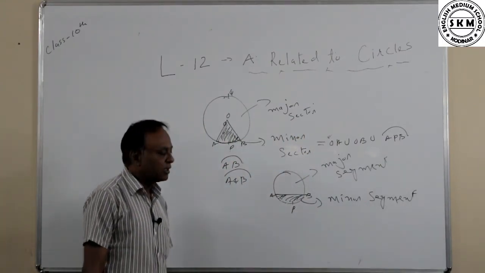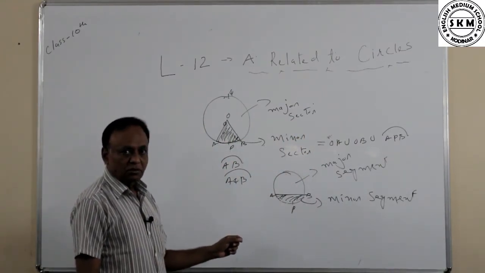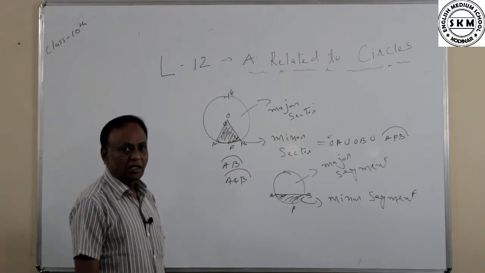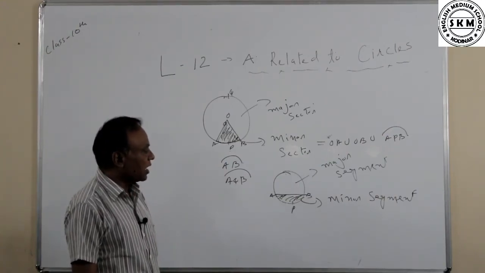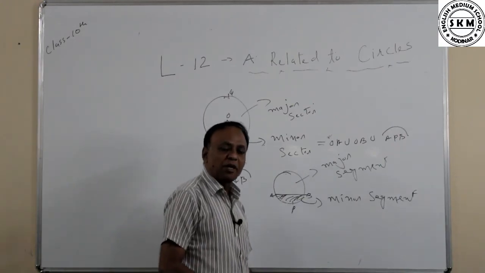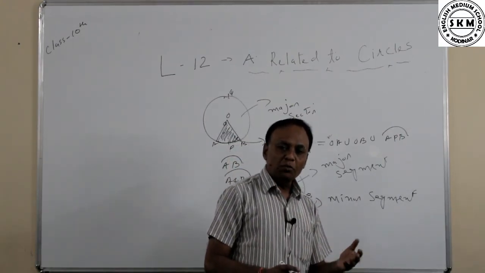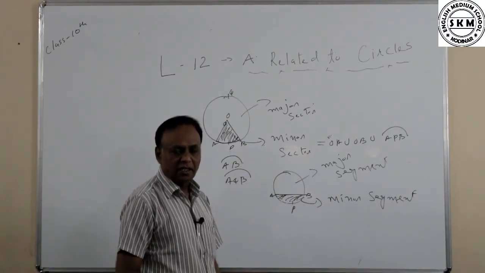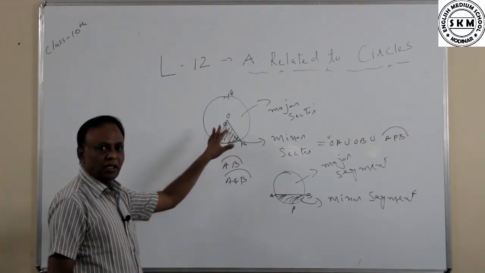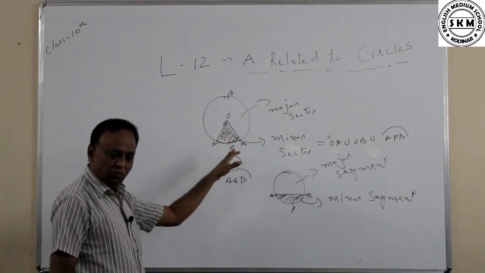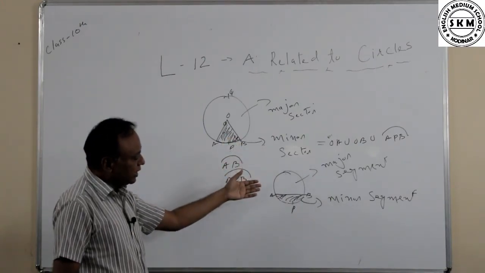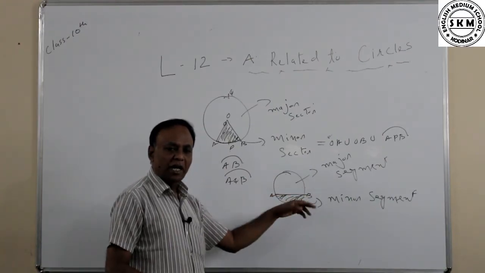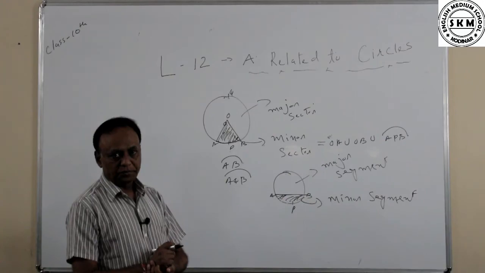And major segment is the union of chord and corresponding major arc. So from the figures you can easily differentiate sectors and segments. In a sector it is the radii and corresponding minor or major arc, and in a segment it is a chord and corresponding minor or major arc.